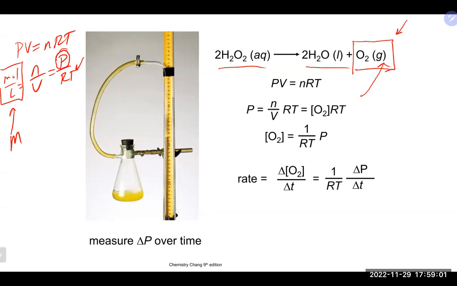So it has to be a product that had to be made to account for the pressure. So in this simple experiment, even though you may not have color and use a spectrometer or something like that, you follow the pressure and relate it back and figure out the rate by simply following the pressure over time, and you'll be able to see how the concentration of O2 changes, and that's how we would get to the molarity of it.